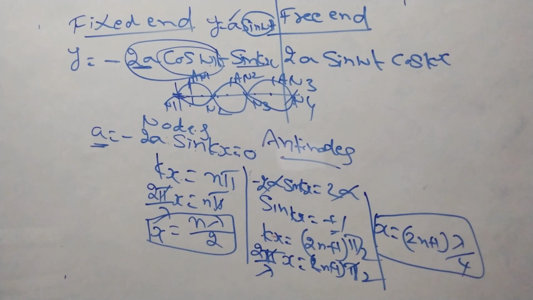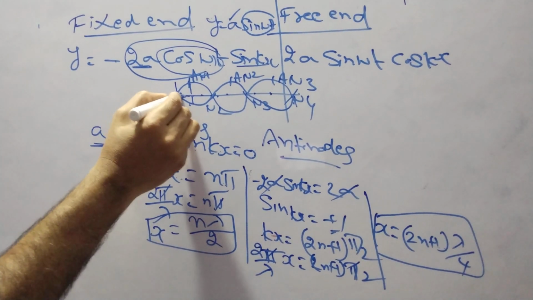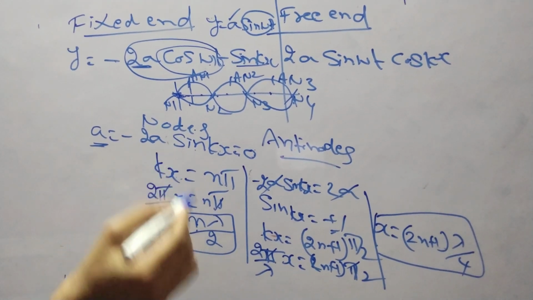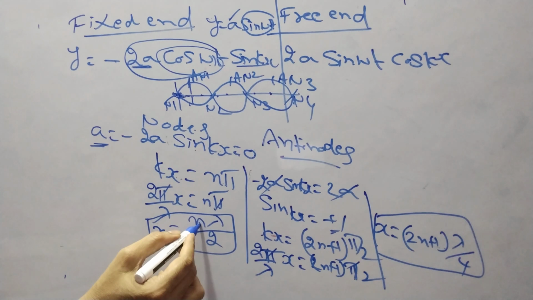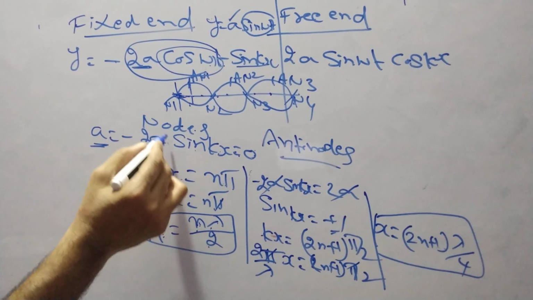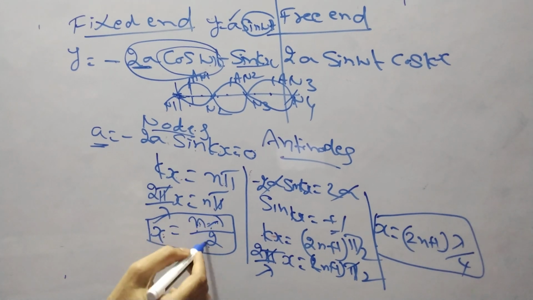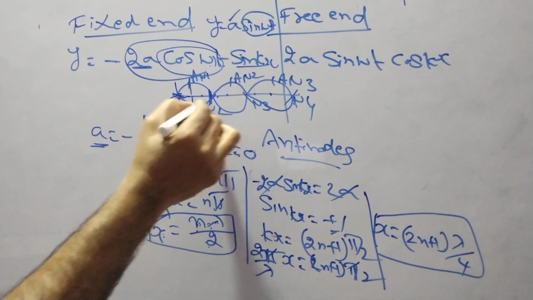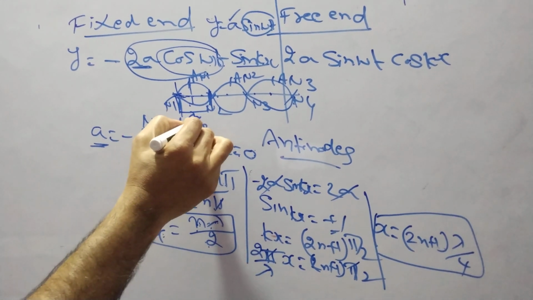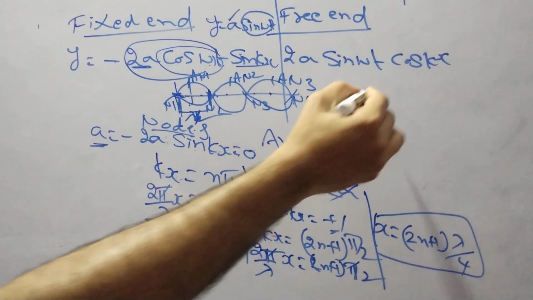Now if you see this graph here, put n equal to 0, x equal to 0. By putting n equal to 1, x equals lambda by 2. So these are nodes now. When n equal to 1, this is the value, lambda by 2.